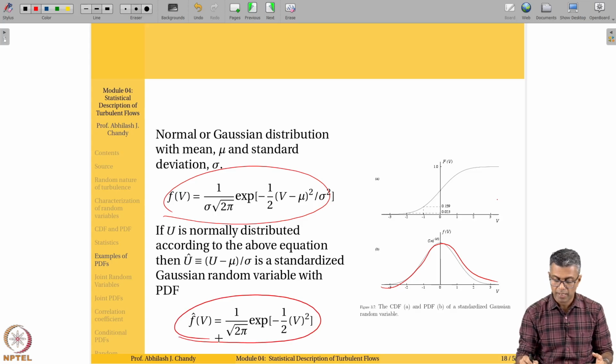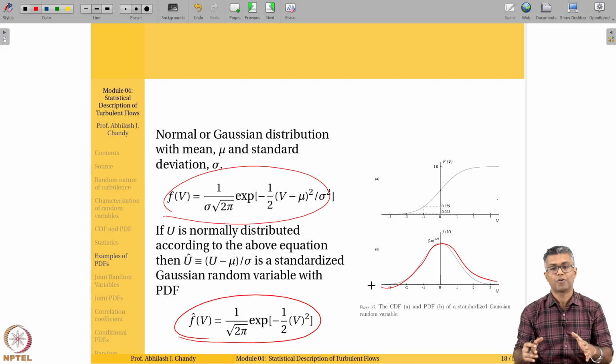What is shown here is a standardized Gaussian variable. So this has a mu of 0 because you have standardized it. It has a mu of 0 and a sigma of 1. That's what happens.